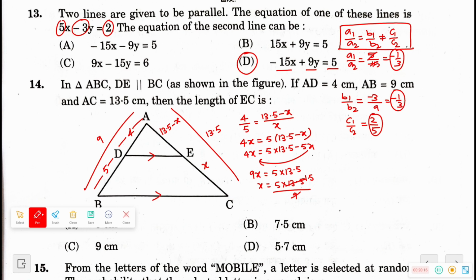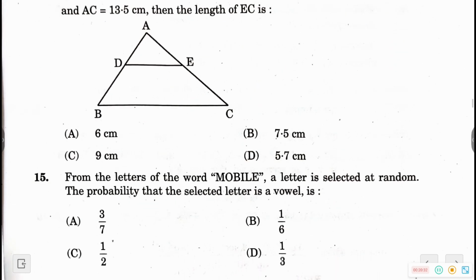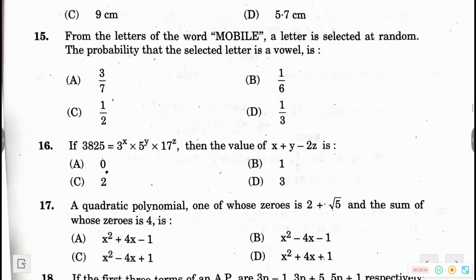So 5 into 1.5 is 7.5. EC is 7.5 centimeters. Option B is correct. Now coming to question number 15.